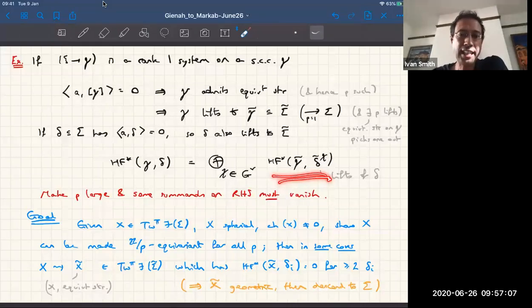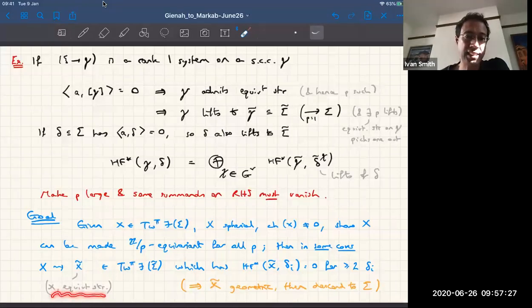So if I gave you a spherical object with non-trivial primitive Chern character, the sort of thing I care about, if I could make it Z mod P equivariant for sufficiently large P, then in some cover, the fact that it's equivariant would mean that it lifts to an object upstairs. That's what we described on the previous slide.